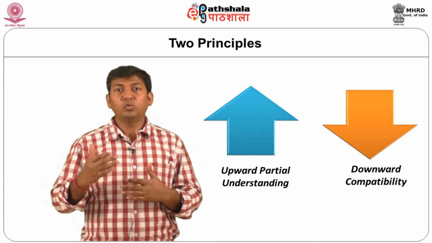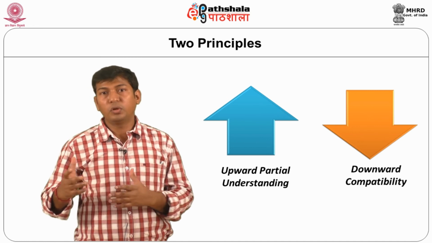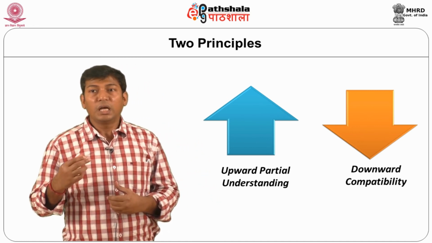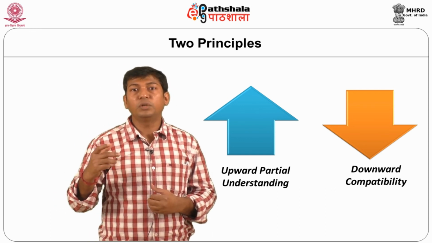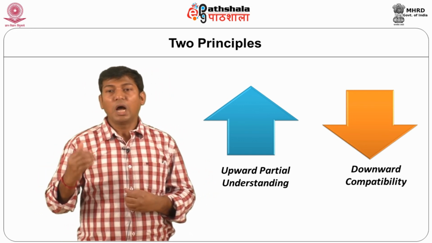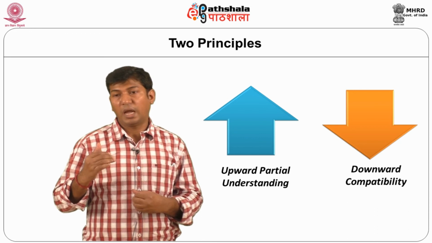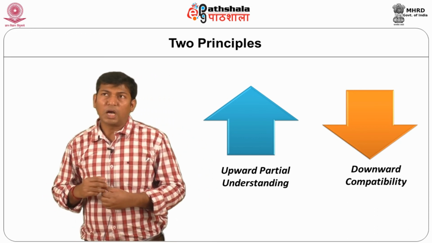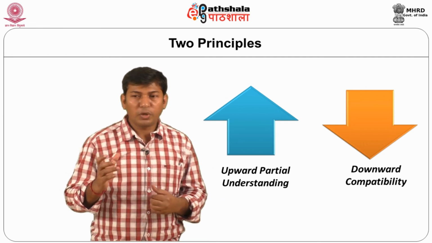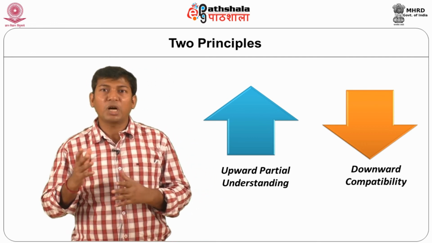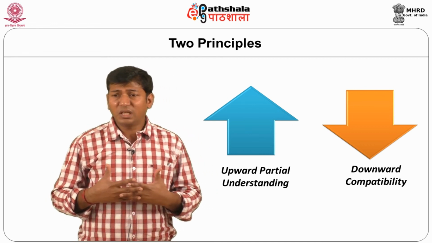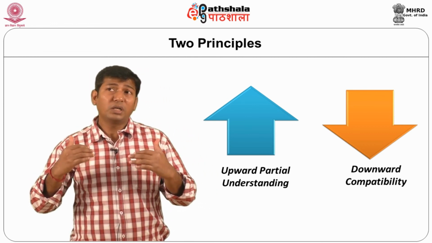Before going to those technologies, each of which we will discuss, I would like to mention that this layering works in two different ways: one is upward compatibility and the other is downward compatibility. Actually the upward one is not really compatibility, it is more an upward partial understanding. What does it mean?